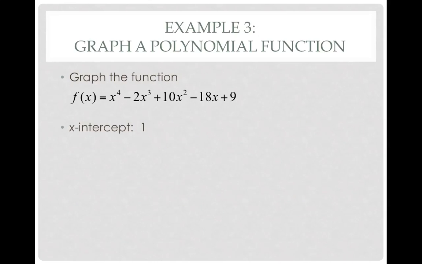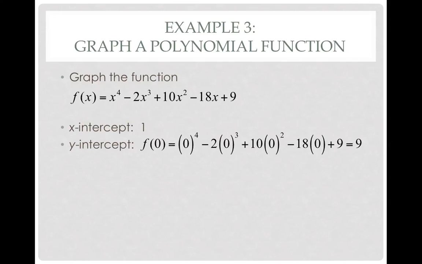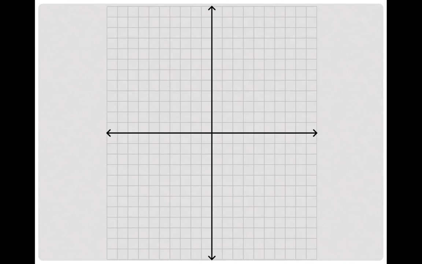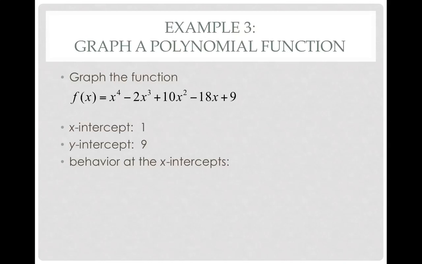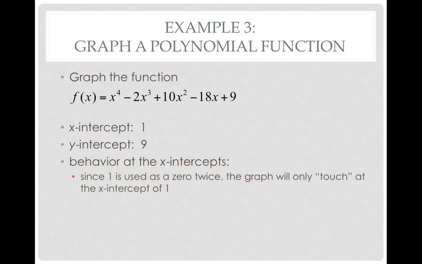So that means I have an x-intercept at 1. I can also find my y-intercept, which should be at 9. And so I can plot those 2 points. There's my 1, and there's my 9. Now, if we talk about behavior at the x-intercept, since the 1 is used as a 0 twice, the graph will only touch at the x-intercept of 1.